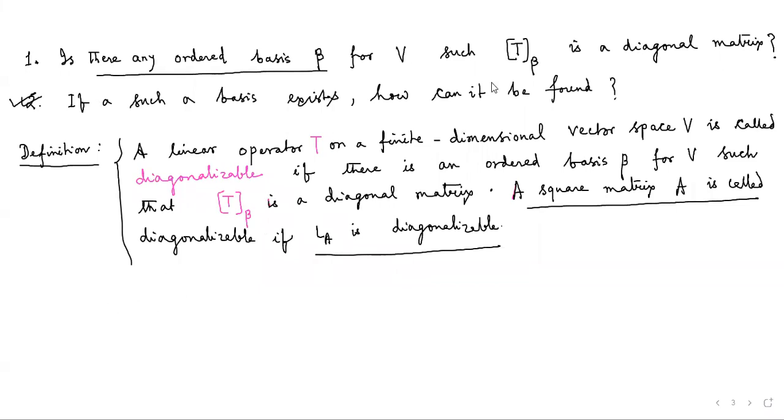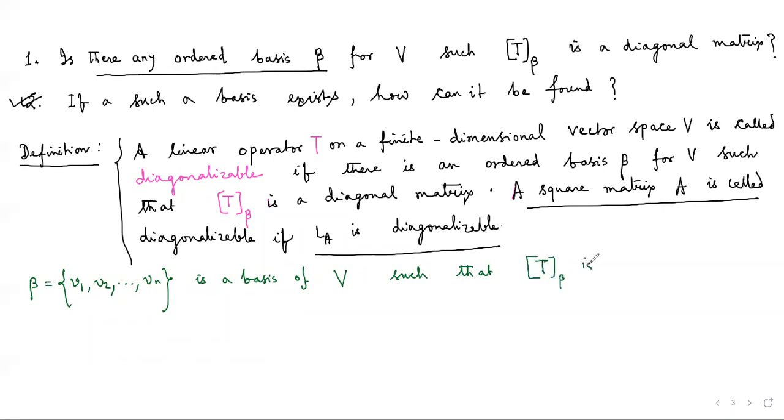Say, for example, I consider my ordered basis beta consisting of the elements v1, v2, up to vn, which is a basis of V, such that T beta is a diagonal matrix.